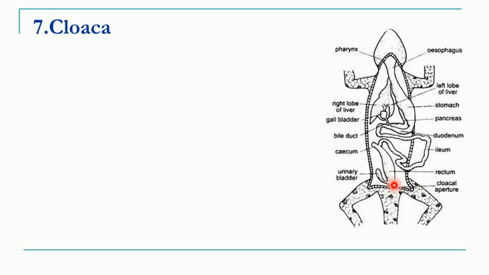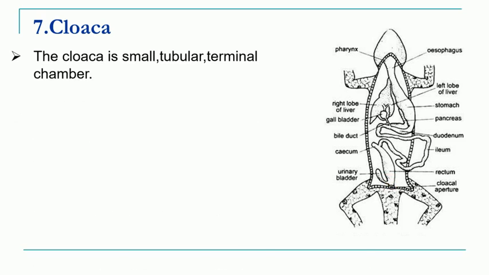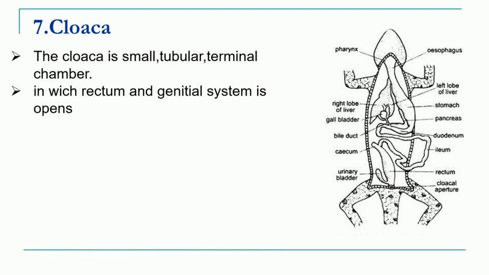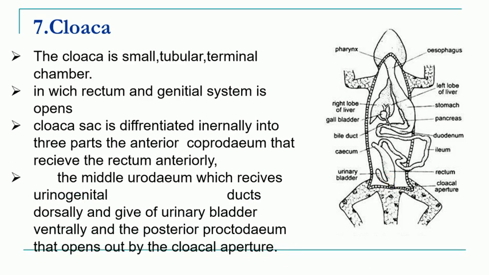And this sac-like cloacal structure is further differentiated internally into three parts. The anterior part is called the coprodeum, and this anterior part receives the rectum.